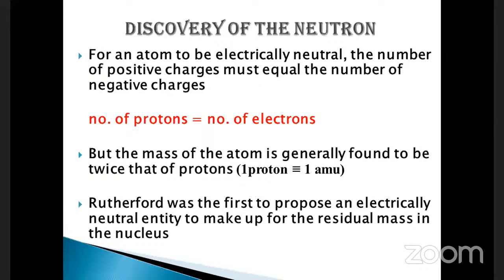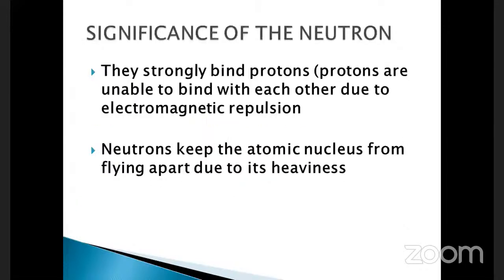Its significance is, number one, to strongly bind the protons, which will not be able to bind to each other due to electromagnetic repulsion. That's understandable. And it also keeps the atomic nucleus from flying apart because it's heavy, and it constitutes the major mass of the atom.